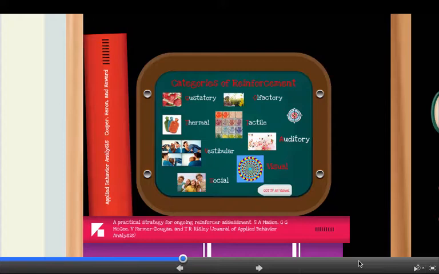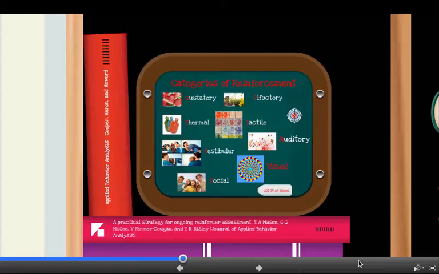And then the T in GUT would be for thermal, and things function as reinforcers that fall into the thermal category. Next, for the T and TV, we've got tactile reinforcers, and of course the V is for the vestibular reinforcers that are potentially existing for an individual.